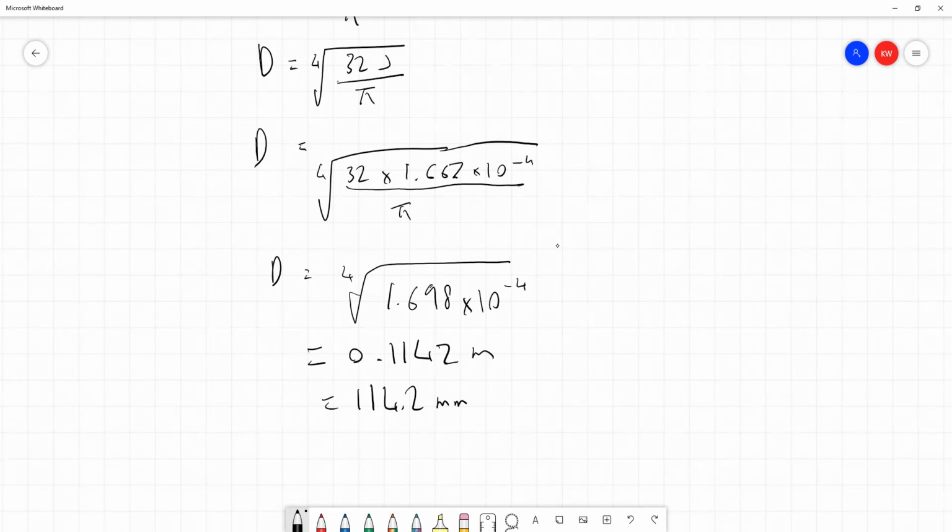Yours might vary ever so slightly because of rounding, but that's what we have aimed to get to. So using our 3 different formulas that we have, the torsion formula, the power formula, and the polar second moment of area formula, we're able to solve and find the minimum diameter that is required to keep the angle of twist at no more than 0.5 degrees.